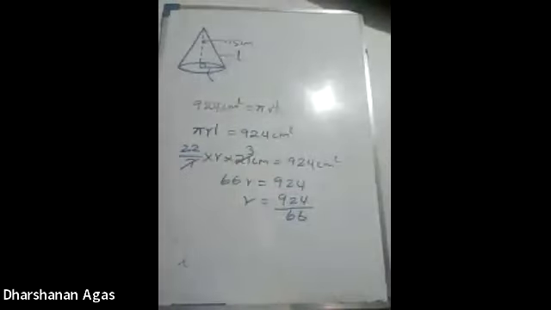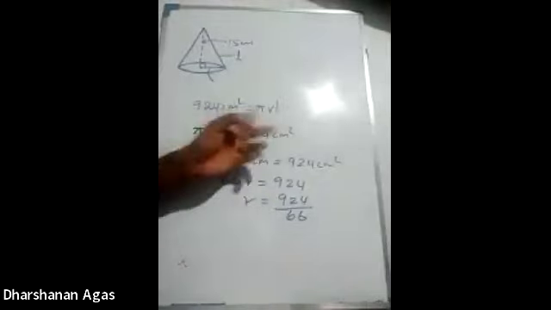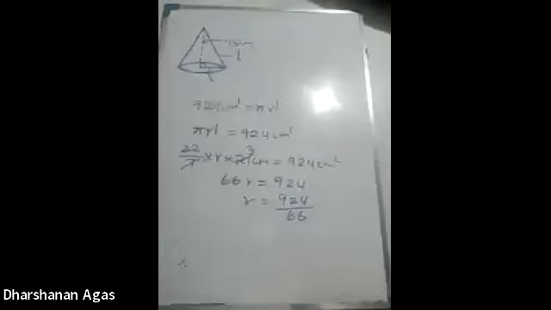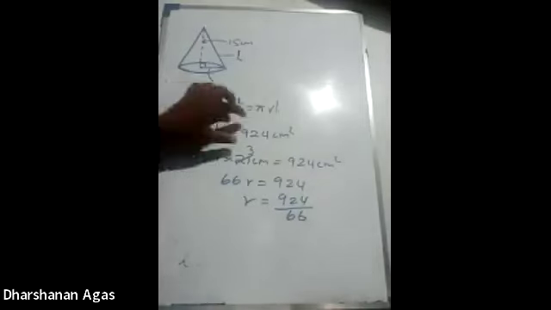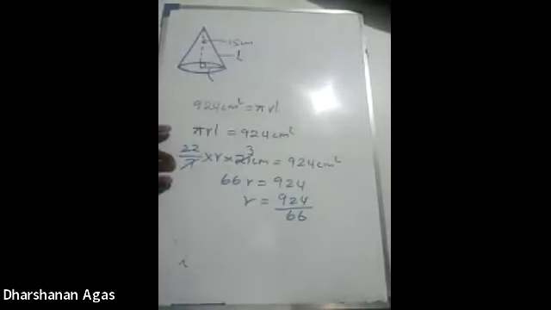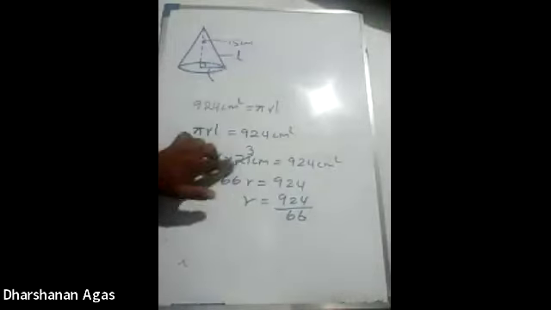See once again, I gave the curved surface of the cone, right? And the slant height also given, 21 centimeter. We should find the radius, right? Then pi r L, that is the curved surface, equals 924. Then 22 over 7 into radius r into 21 slant height.